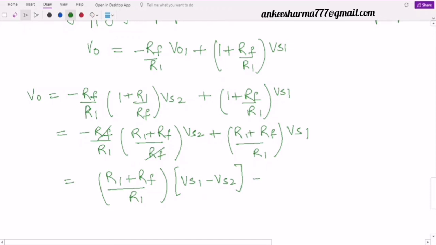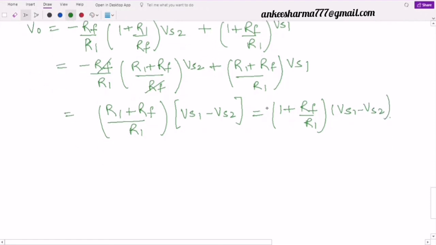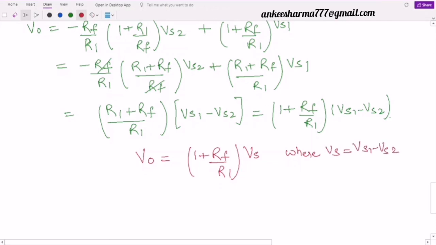Now in this case, I can rewrite it as 1 plus RF by R1 into VS1 minus VS2, right? And I can substitute this VS1 minus VS2 as VS. So I will write here V0 will be equal to 1 plus RF by R1 into VS, where VS is equal to VS1 minus VS2, or simply the difference of the two inputs.